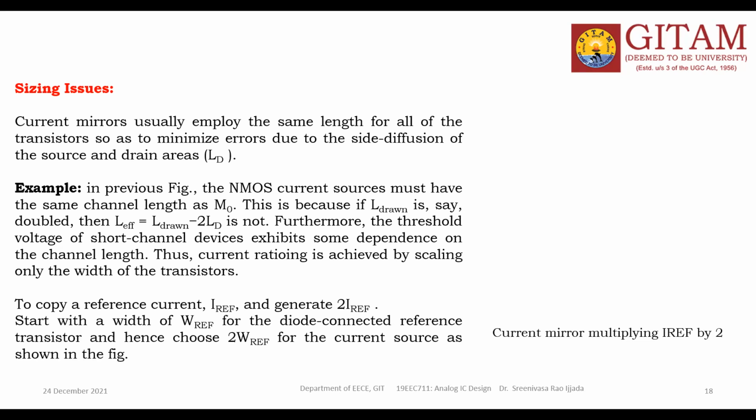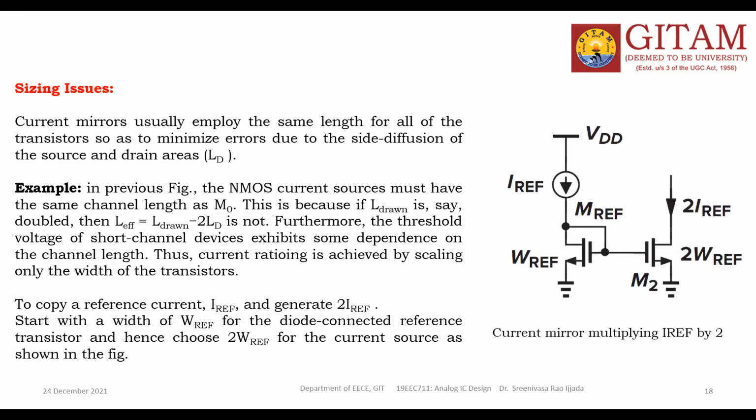What to do? Start with the width W reference for the diode connected reference transistor, and hence choose twice W reference for the other device. So here is the reference transistor, where we forget about the length, because we are not doing anything with the length.